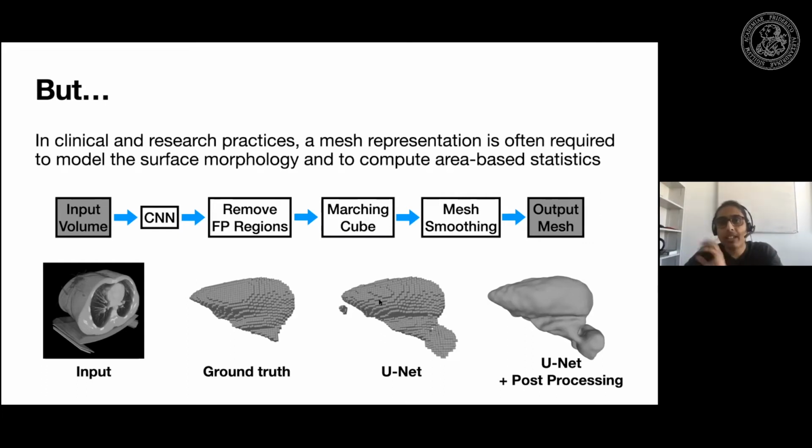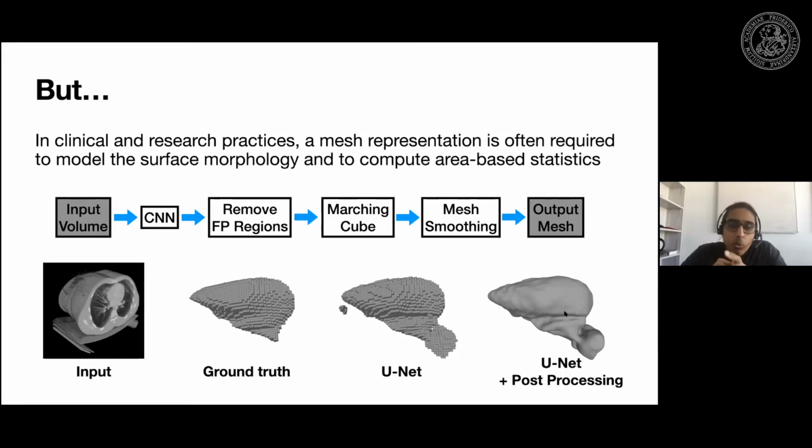So you will add a little bit of mesh smoothing, because the organs are most of the time smooth. They are not as discontinuous, or you don't have the noise that you see when you run marching cube on the output of a U-Net. So when you do the mesh smoothing as well, you will obtain a nice mesh. Not perfect, but still you would obtain the output mesh like this.